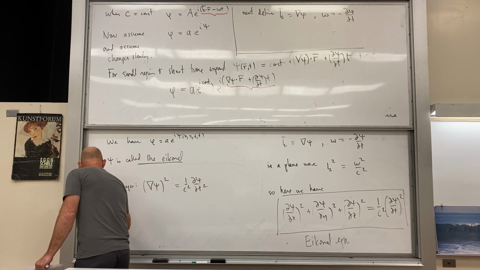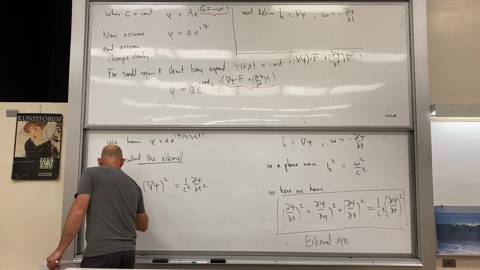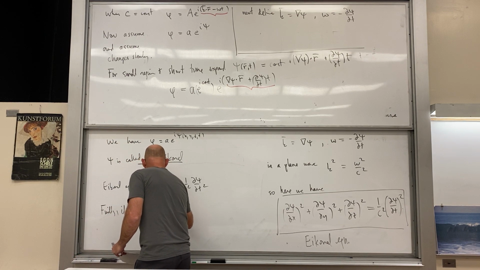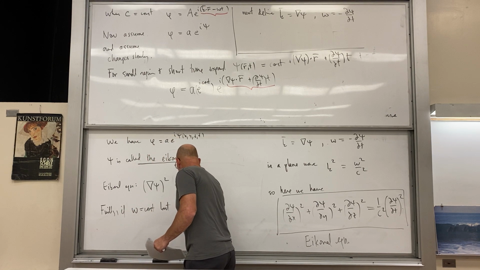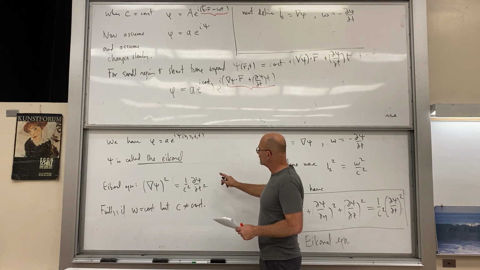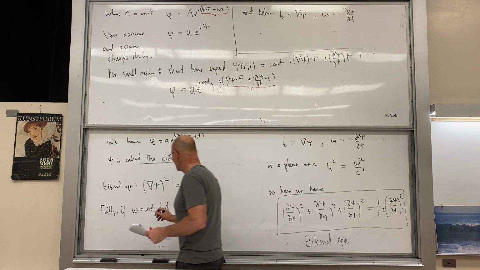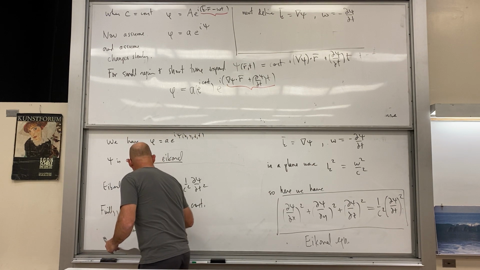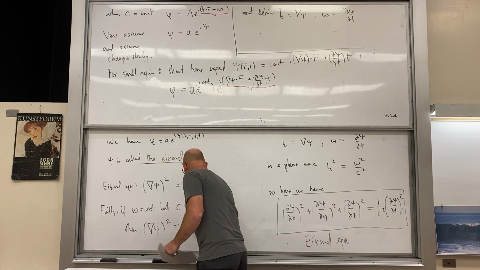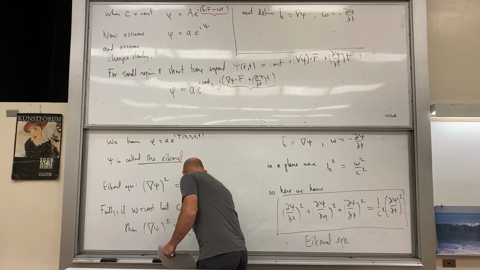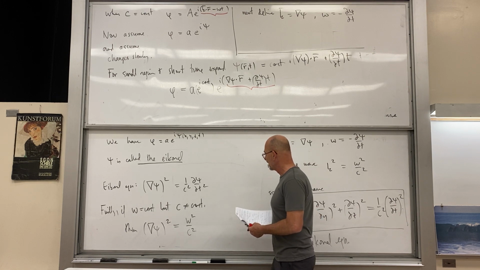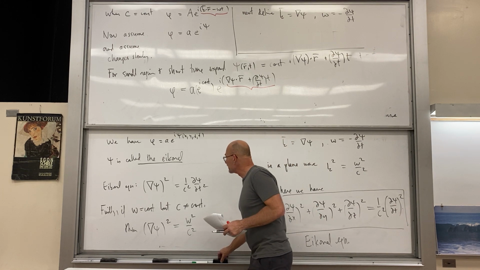So finally, if omega equals constant, but C is not equal to a constant. So we can let omega be constant, but C not be equal to a constant. Then we have, for our eikonal equation, gradient of C squared equals omega squared over C squared. And let me go ahead and erase this.